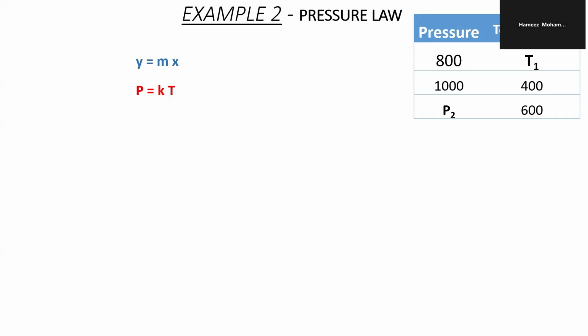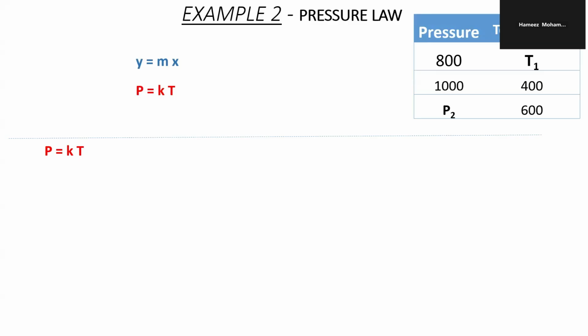So now, what do we know? We know we have an equation with 3 items in it. Pressure is equal to some constant by temperature: P, K, and T. 3 terms. If we look at our table, in the middle line of information, we know the pressure and we know the temperature.